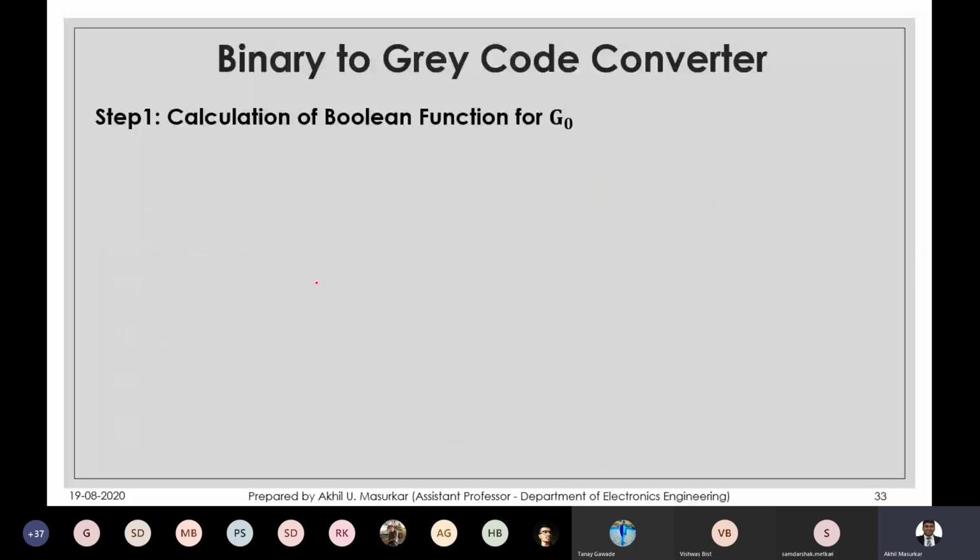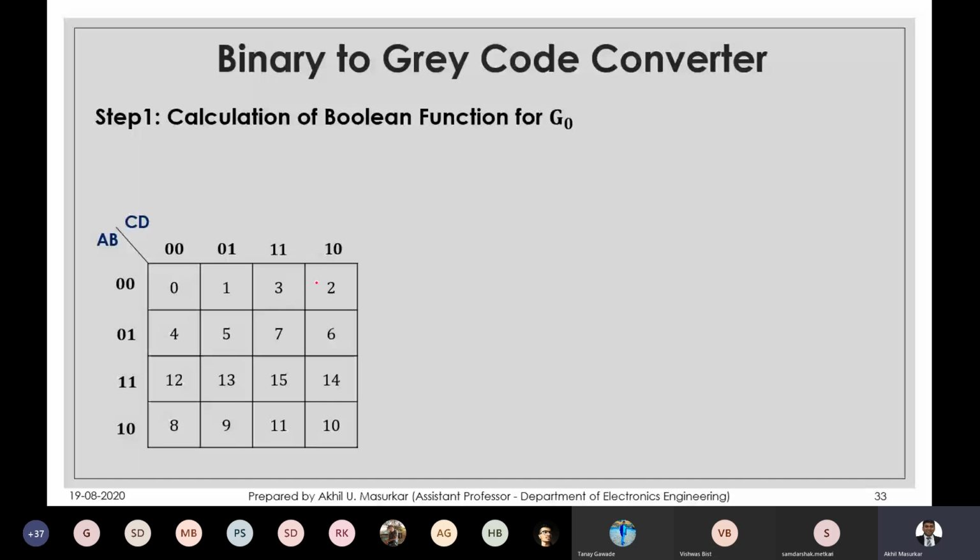Let's go to G0. So for G0, we have 1, 2 as 1. This is G0. This is 1, 2. Then we have 5, 6. Then we have 9, 10. And then we have 13, 14.